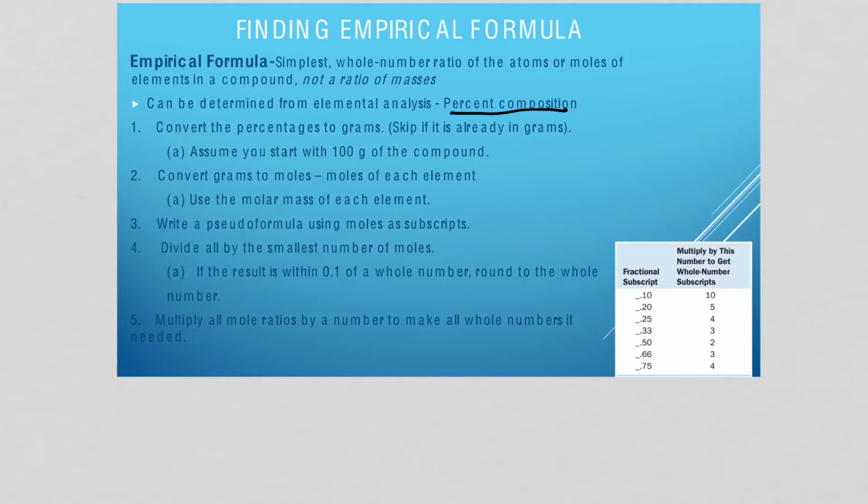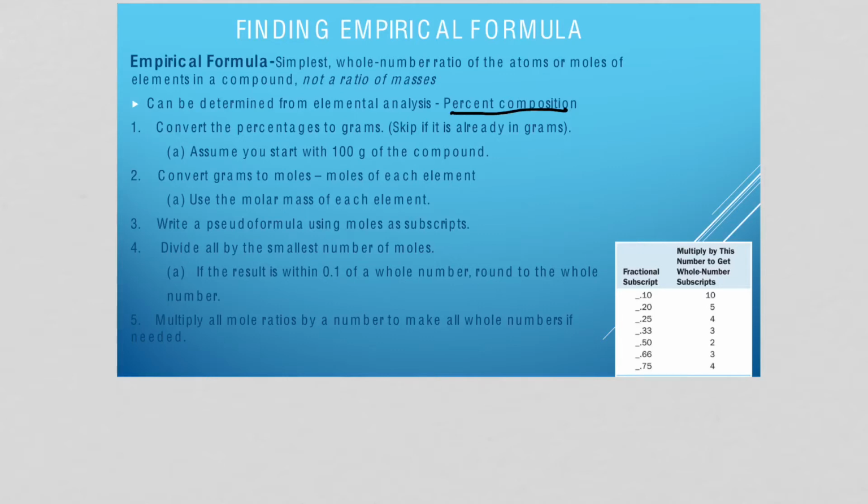Now, the first thing you're going to do is take that percent composition and convert it into grams. How do we do that? Well, the basic idea is we take whatever that percent composition is times the sample size that we have.